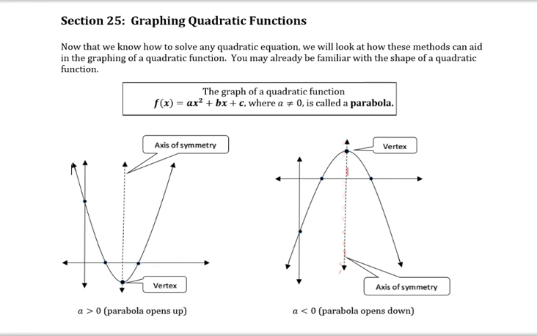And the equation of this axis of symmetry can be found by this formula: x equals negative b over 2a. This formula can be used to determine the equation of this line. And realize that since this is a vertical line, the equation is of the form x equals a constant number, where that number is equal to negative b over 2a.